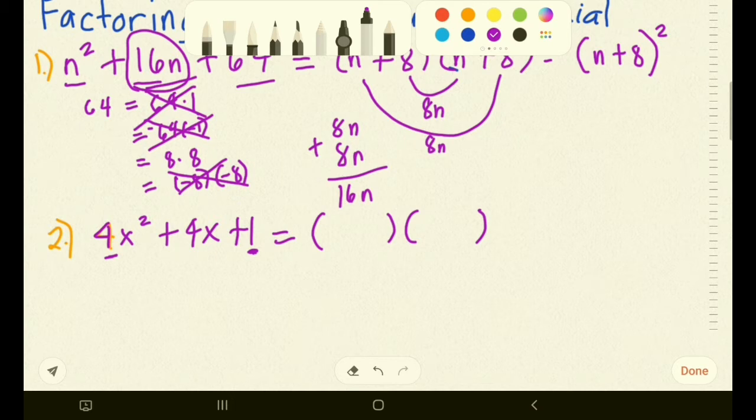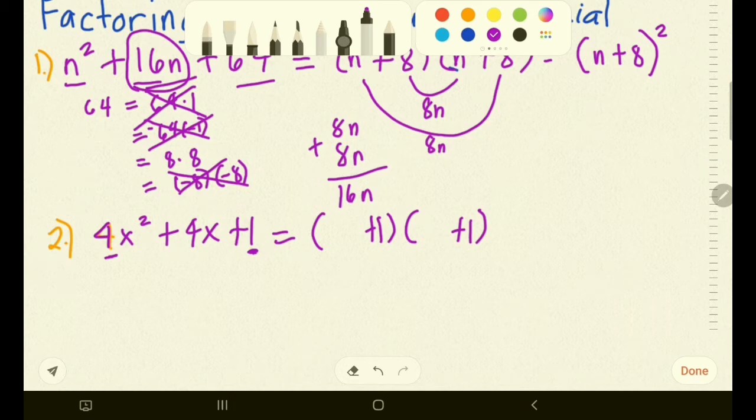Here, the last term, 1, is not a prime number, but it's obvious that the factors are only 1 and 1. So factor 1 as positive 1. Do not consider negative since you are given positive or plus.